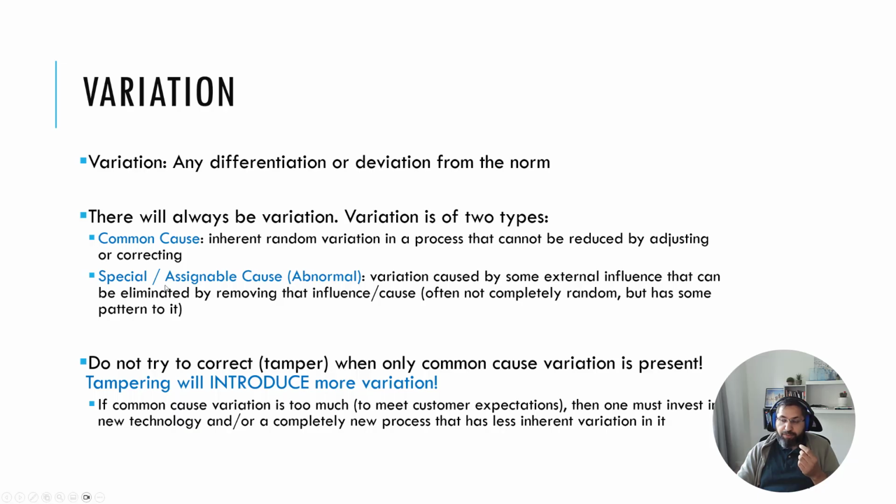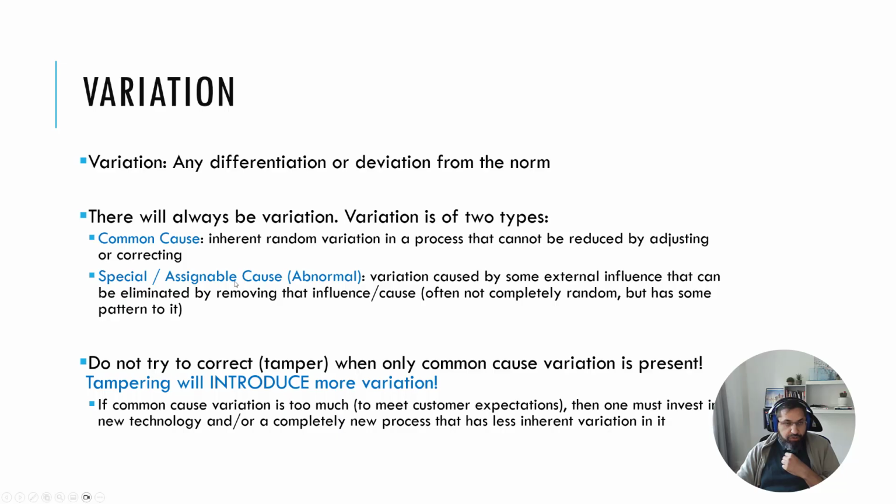And then there could be special or assignable cause, sometimes also called abnormal variation, which is caused by some external influence, like defective raw materials, like the machine not being set correctly, the settings are off, like some part of the machine failing, like the machine requiring maintenance, right? An untrained worker, inexperienced worker, these sorts of things. Okay? And you have to take care of it.